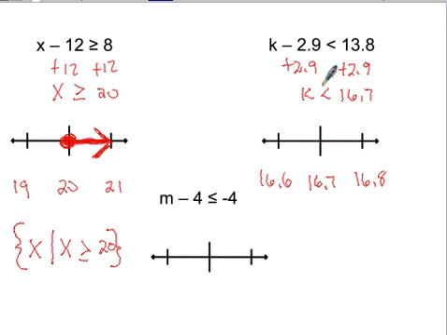K is less than, so what symbol goes at 16.7? An open circle, because it does not have the equal sign, and we're shading which direction? To the left. K is less than that, so left is less. And then set builder notation. I've got room up here. The set of all numbers k such that k is less than 16.7.